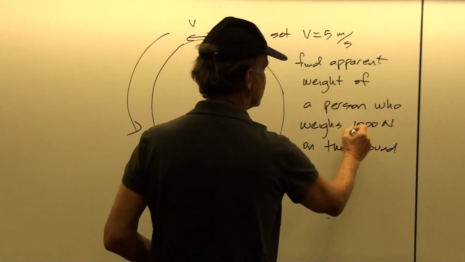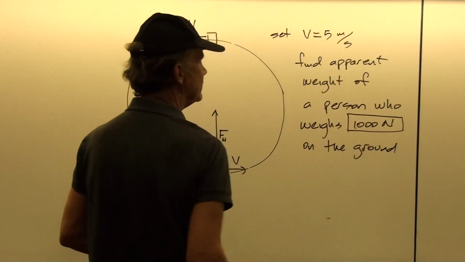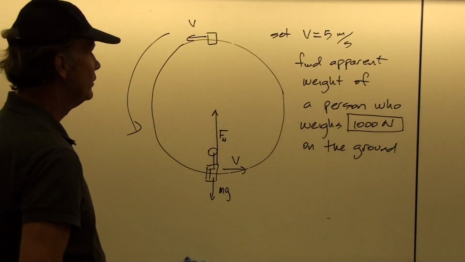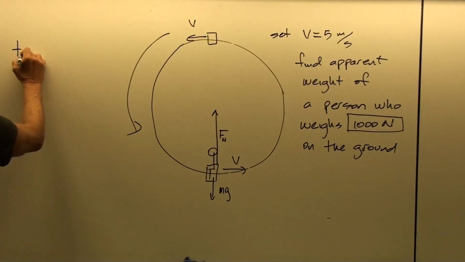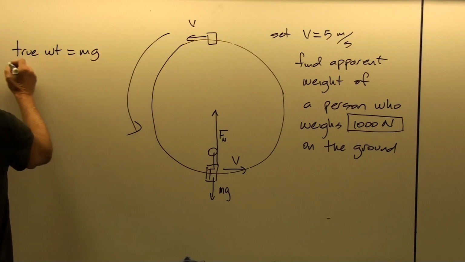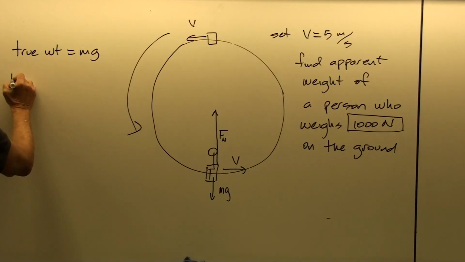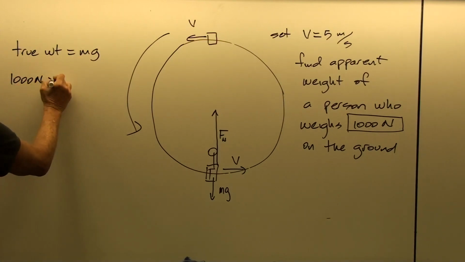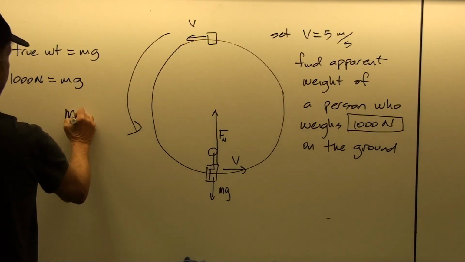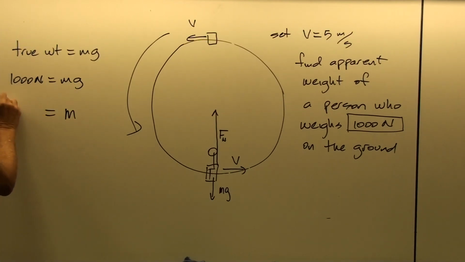In other words, this is the true weight, which is equal to mg. So the true weight, mg, is 1,000. From that we can get m equal to 1,000 newtons divided by 10 meters per second squared.